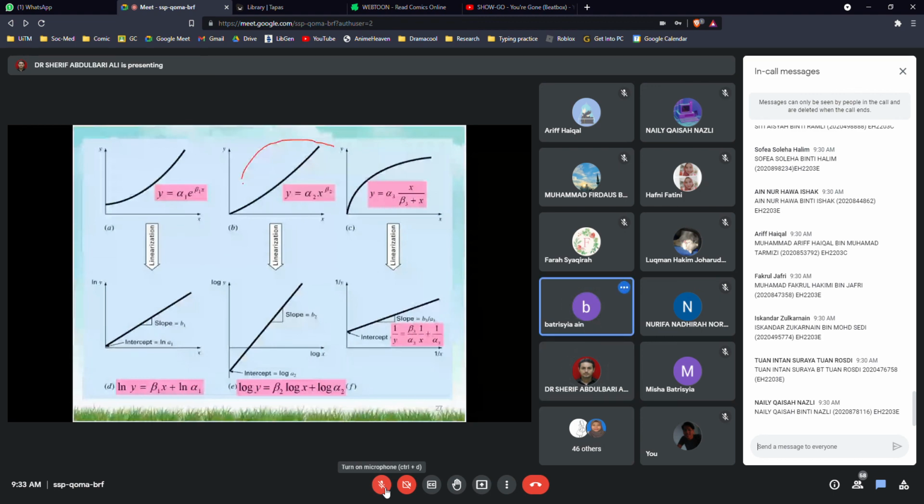C. Oh, okay. C. So what's wrong with it? I don't understand macam mana dari Y jadi 1/Y that exists after linearization. 1 over Y. You make 1 over Y. So this is going to be your slope. And this is going to be your intercept.